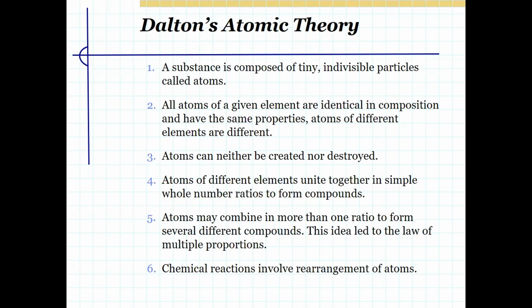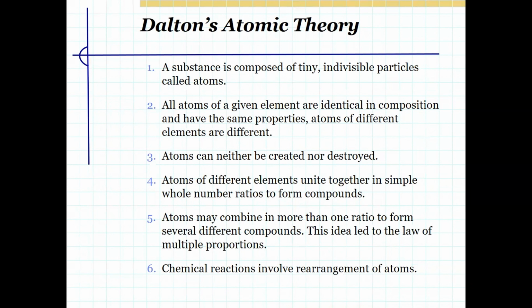Indivisible particles called atoms became popular, and they were then identified in compositions, and some properties of materials were identified with the atoms, and people started defining names. Atom can neither be created nor destroyed was the idea behind Dalton's atomic theory.